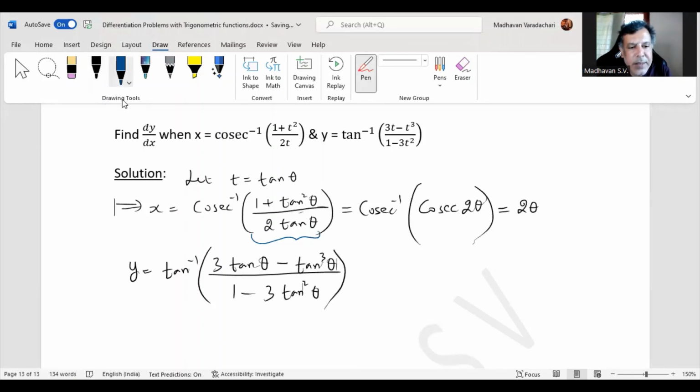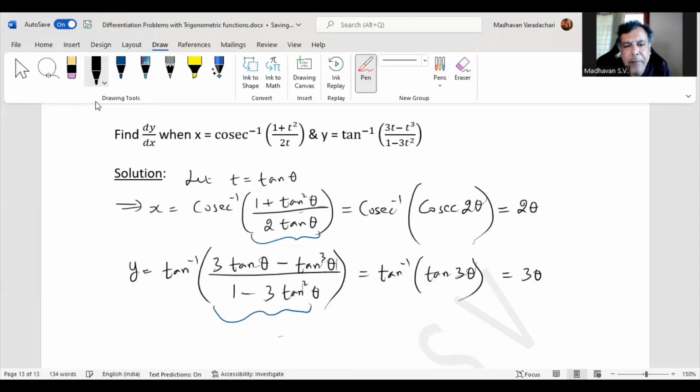Now, whatever is inside this bracket, it is nothing but tan 3 theta based on trigonometric identities. So this will become now tan inverse of tan 3 theta. So tan inverse of tan 3 theta is nothing but 3 theta.